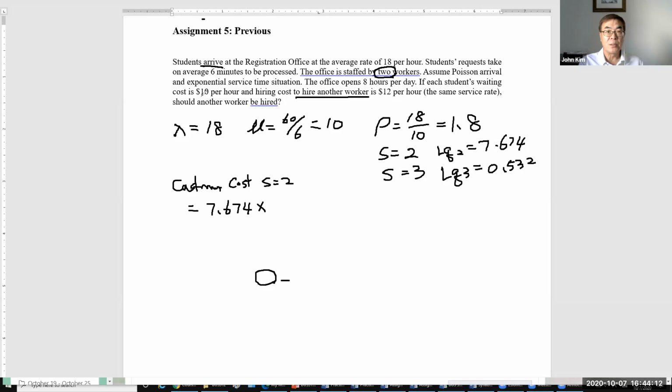It says $10 customer cost. So $10 times 8 hours open. That will be 613.92.